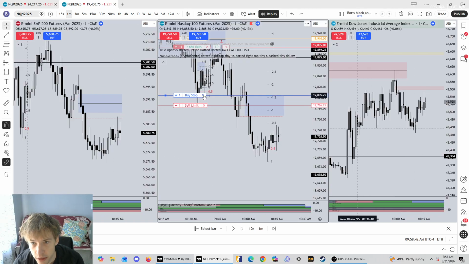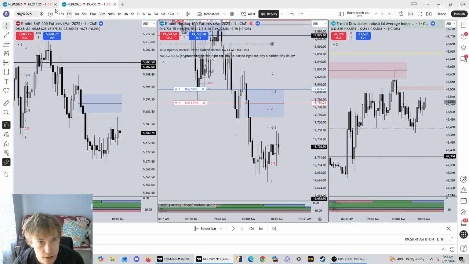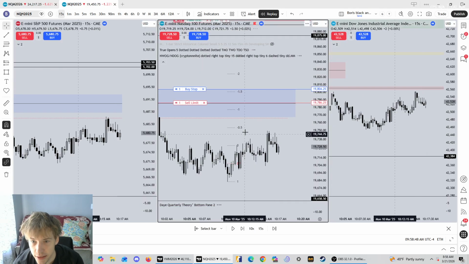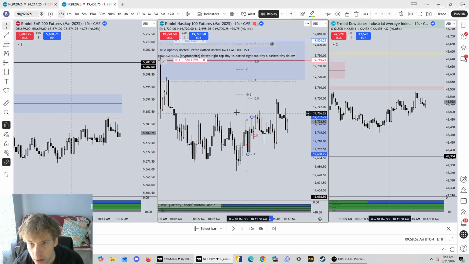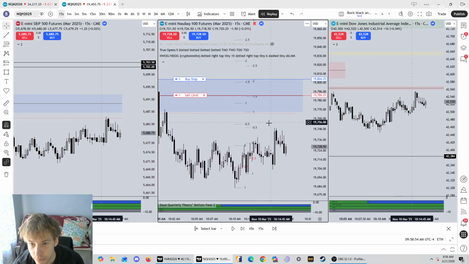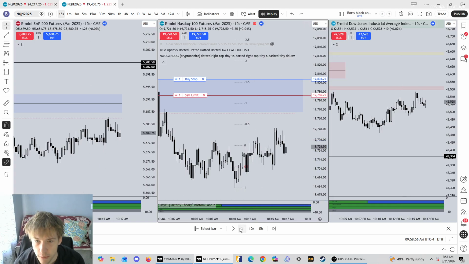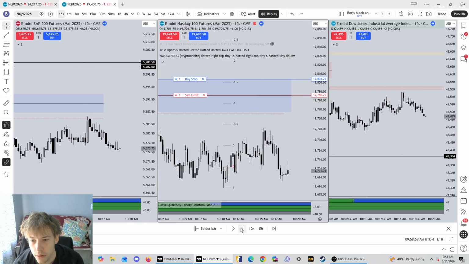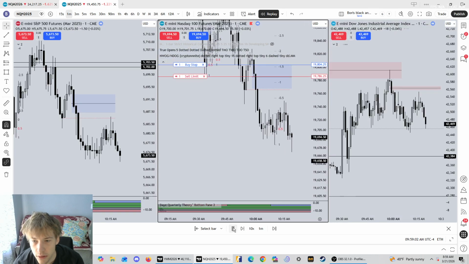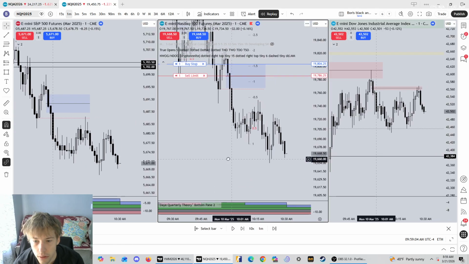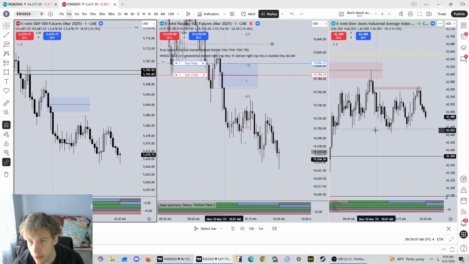I'll have my buy stop right here, because this -1 is right there, and it lines up much better. And if I take the first manipulation, yeah, okay, I like this a little bit more. So let's see if we even pull back. Yeah, it doesn't look like we're gonna pull back. Yep, we didn't pull back.